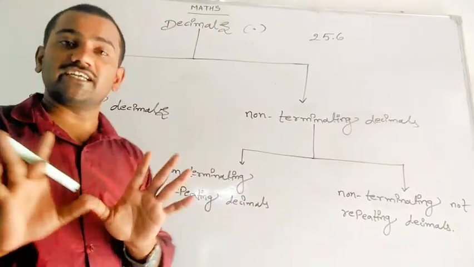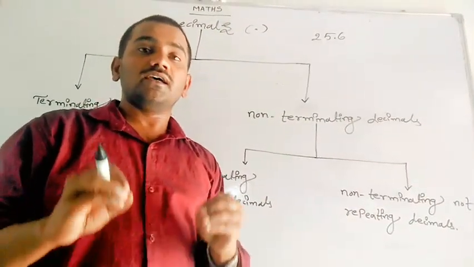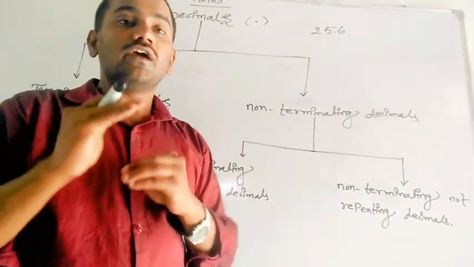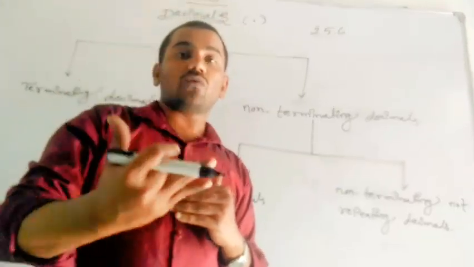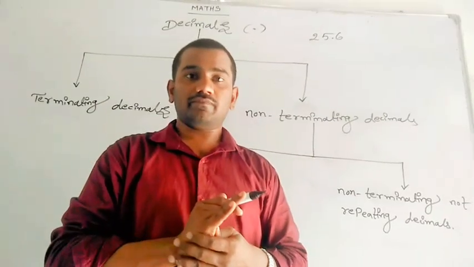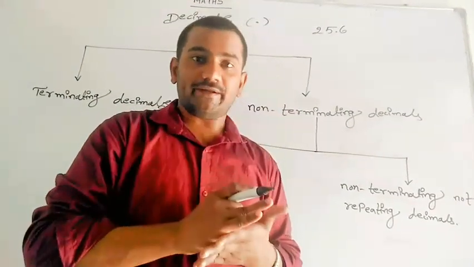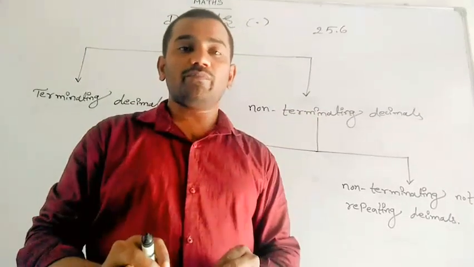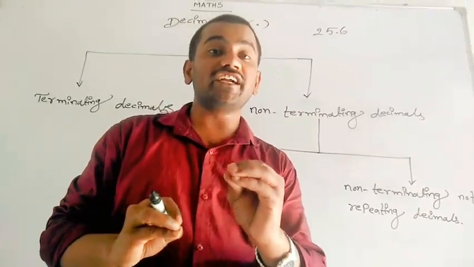The terminating decimal numbers are very simple. Let me tell you simply: after the decimal point, if the number of digits is countable, they are known as terminating decimal numbers.